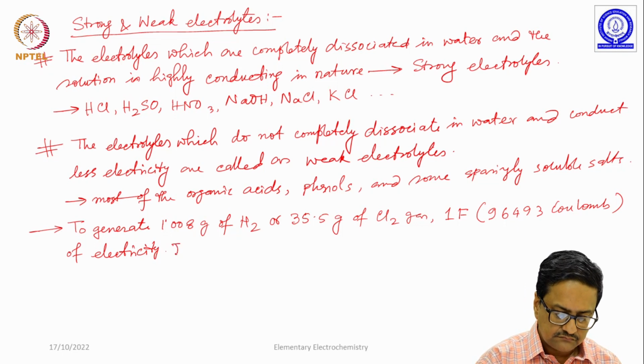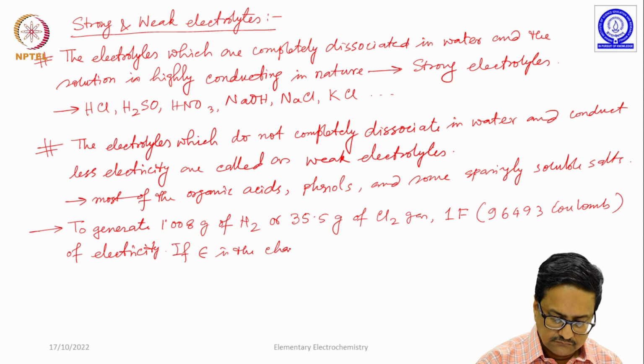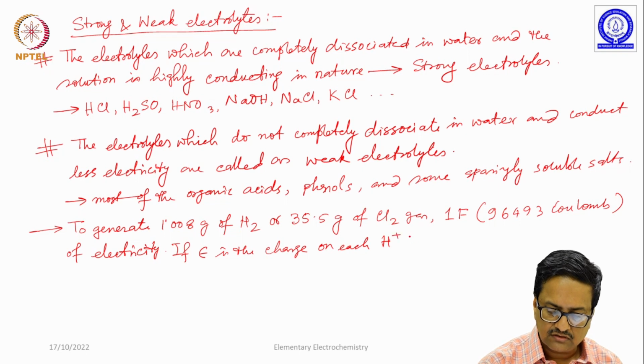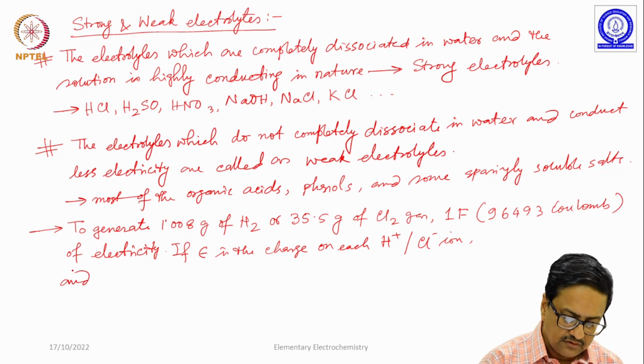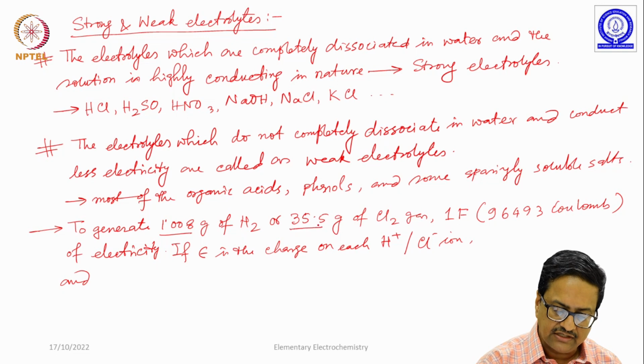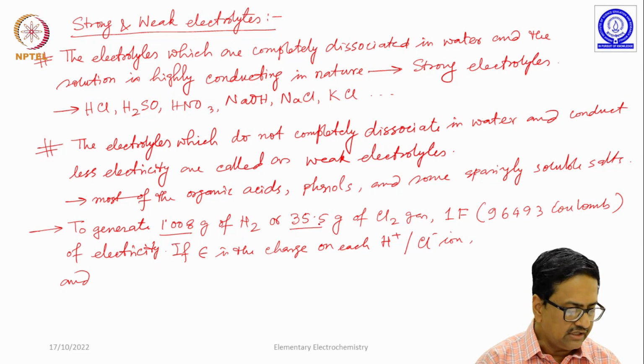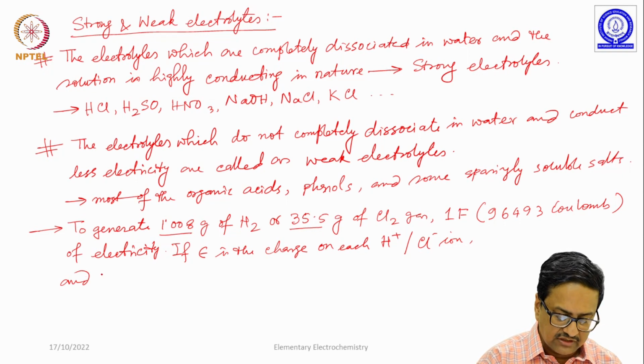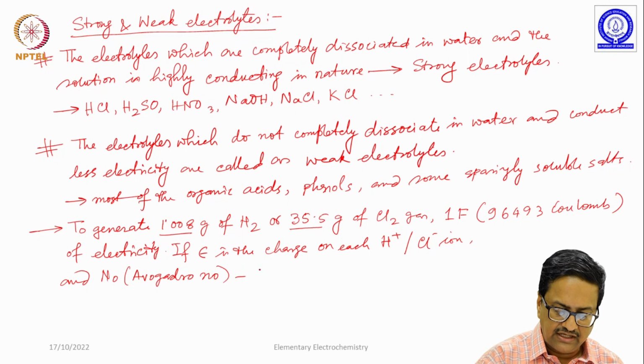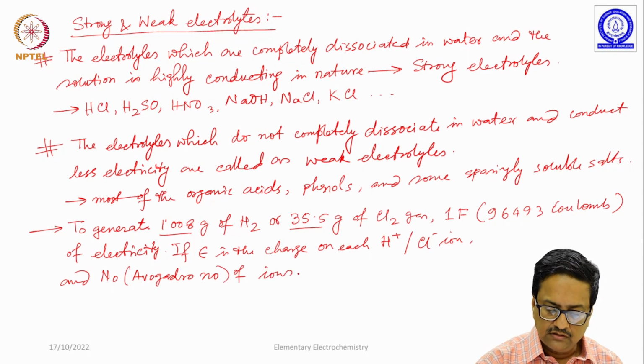So if E is the charge on each H plus or Cl minus ion, and this is the 1 gram equivalent of hydrogen, 1 gram equivalent of chlorine, which essentially means that it contains N0, that is Avogadro number of ions, right?